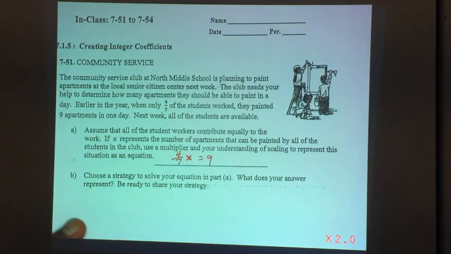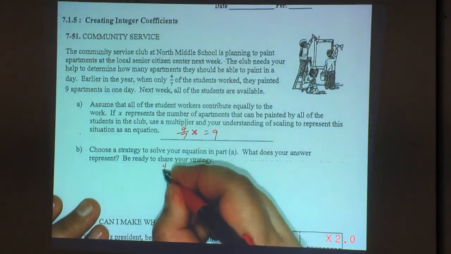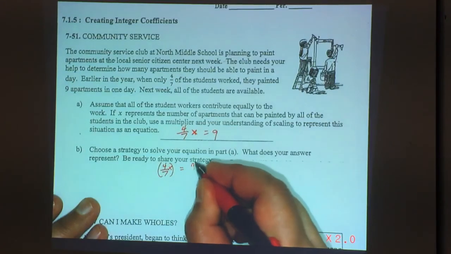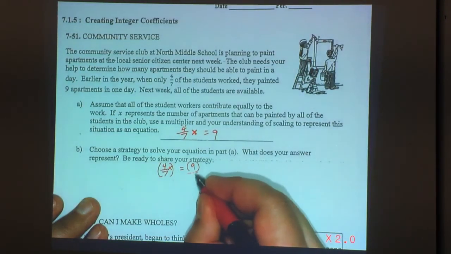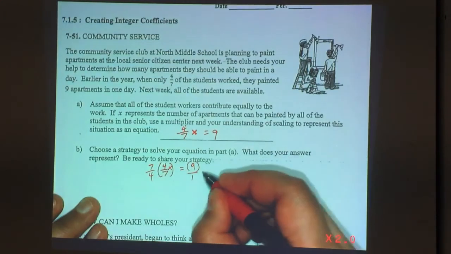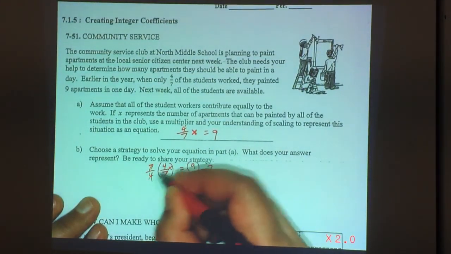So based on what we did in the previous lesson, if I have 4/7 x equals 9, because that's my original. What's the reciprocal of 4/7? I'll put a 1 there first. What's the reciprocal of 4/7? 7/4. So we get to cross those out because why?